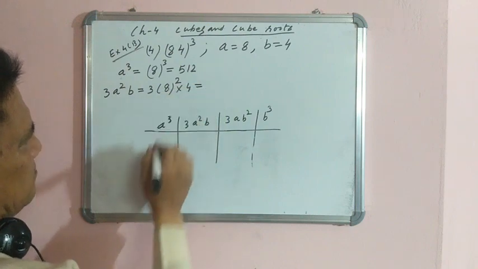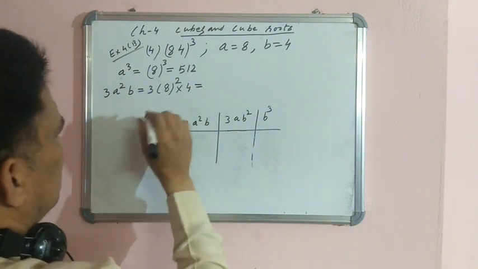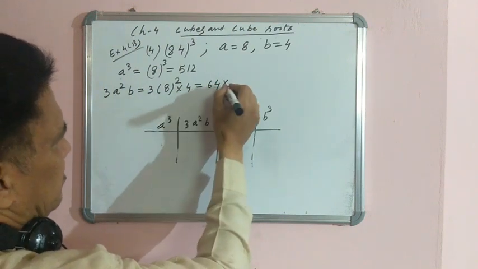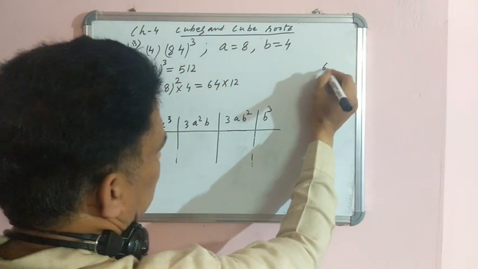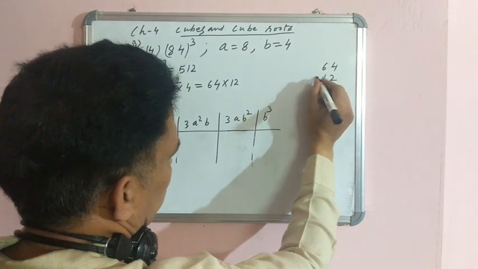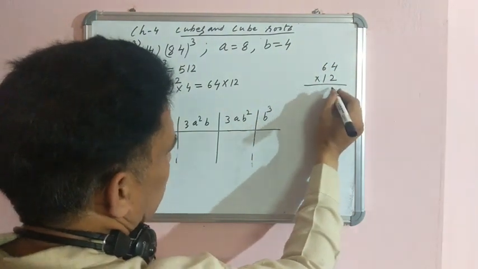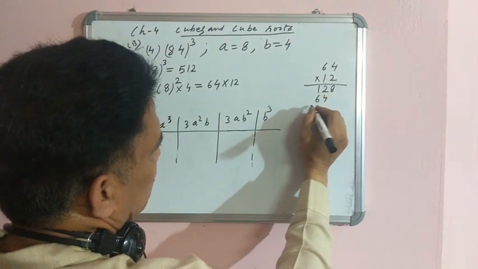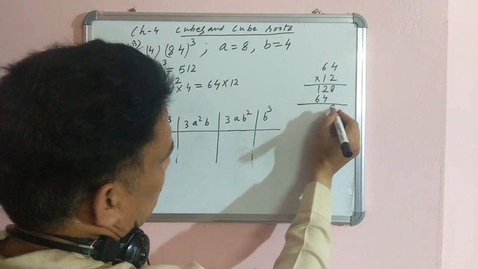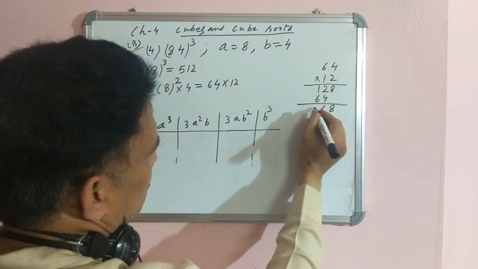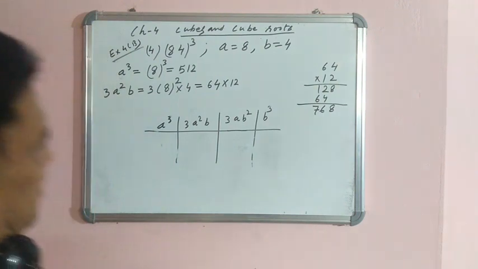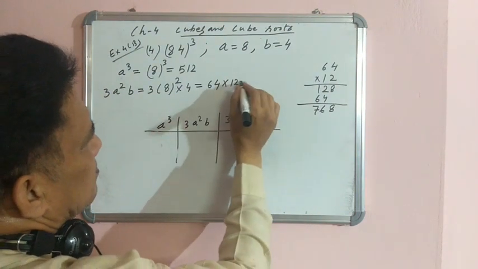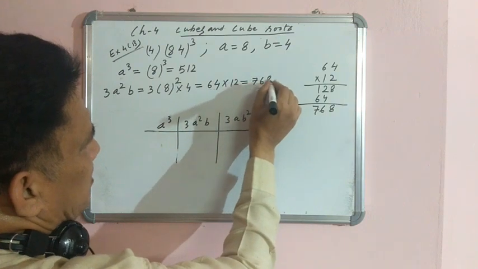What are you getting? 64 into 4 is 12 here. Now we will multiply this. 64 into 12. We are getting 768. So we will write here 768. This is 768.